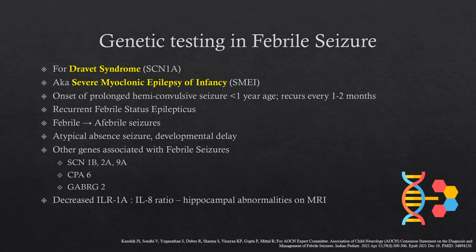I previously told you hippocampal abnormalities on MRI are associated with future development of mesial temporal sclerosis or medial temporal lobe epilepsy. So a decreased ratio of interleukin receptor 1A to interleukin 8 is usually suggestive of a higher risk of medial temporal lobe epilepsy in the future.